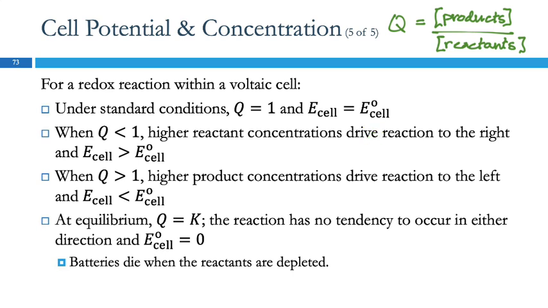We're not really looking at which direction the equilibrium is shifting. So if Q is equal to K, no reaction is going to happen. And that's what happens when your batteries die. The reactants get used up, it comes to equilibrium, and no more juice, no more electricity. Any questions?